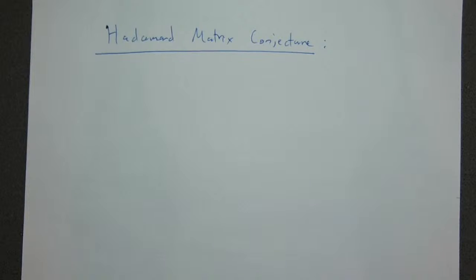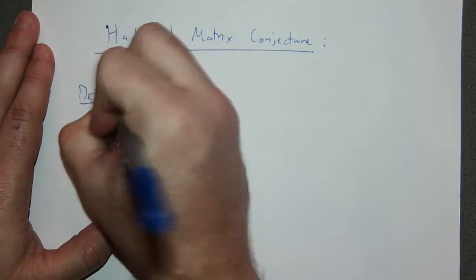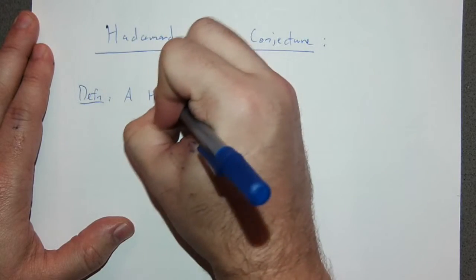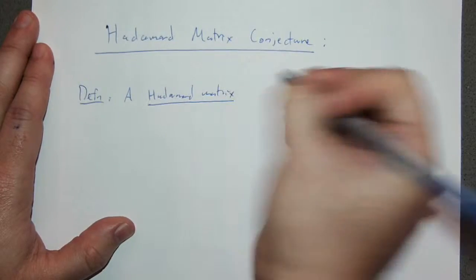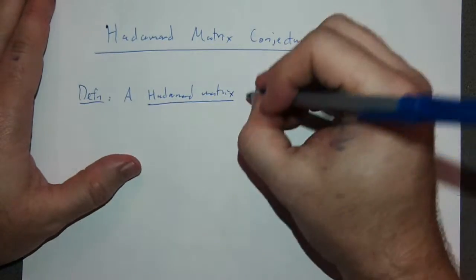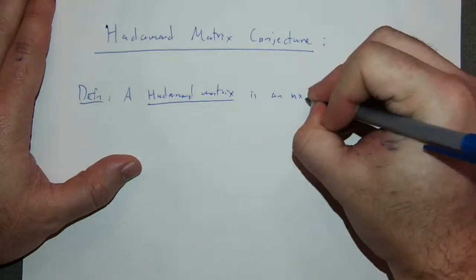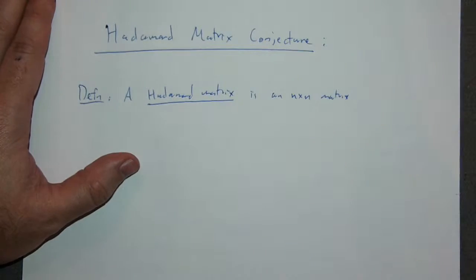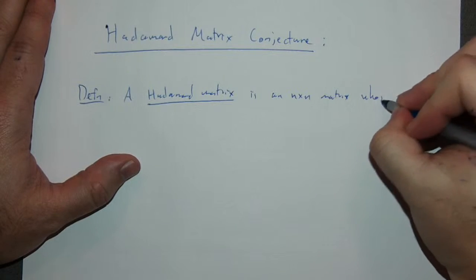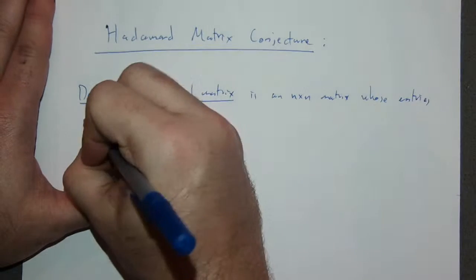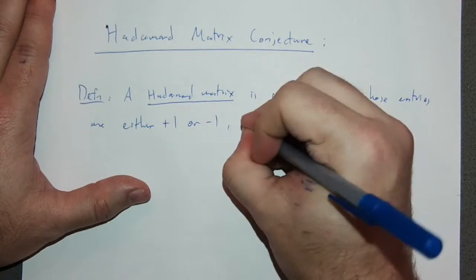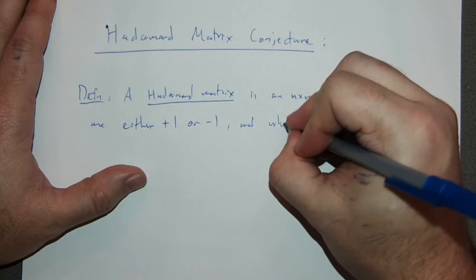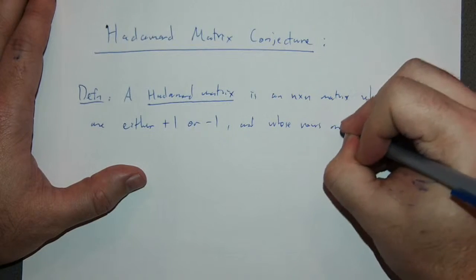First, before I can state the conjecture, I need to actually define what a Hadamard matrix is. So, quick definition: a Hadamard matrix is an n by n matrix whose entries are either +1 or -1, and whose rows are mutually orthogonal.